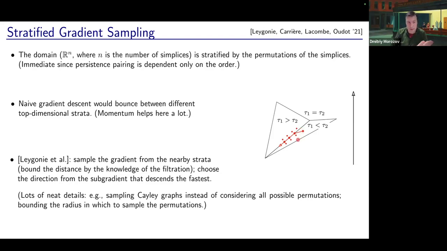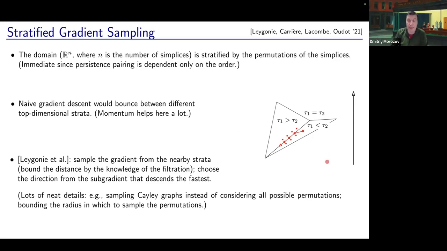How to do this is an interesting technical problem. But if you sample this gradient, you can identify the steepest descent direction in the subgradient and follow that, so that you avoid this bouncing problem. It's an interesting, non-trivial idea, but in practice, it's not nearly as simple as a kind of convex optimization or something like that.